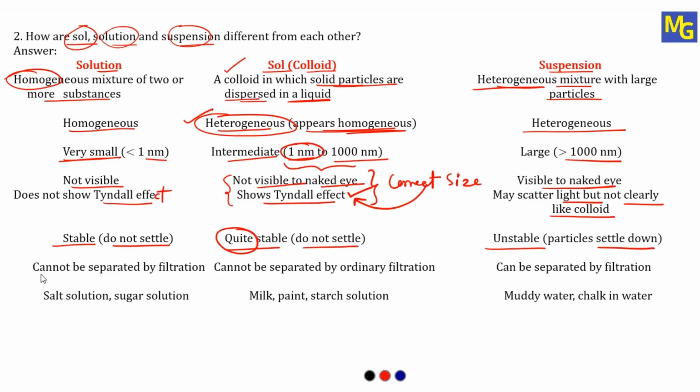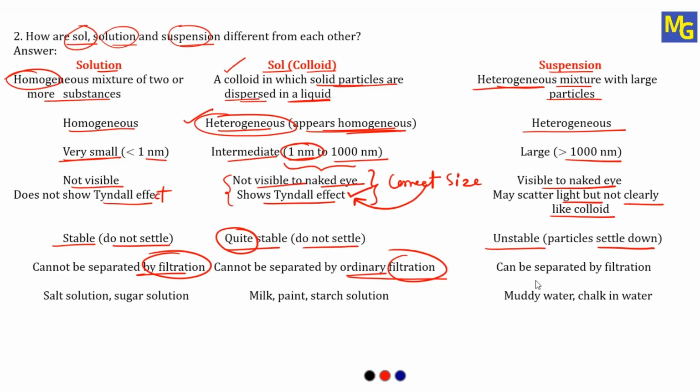The next property, cannot be separated by filtration. We cannot filter a solution using a funnel and filter paper, because the particles are so small they easily pass through the holes of the filter paper. But colloid cannot be separated by ordinary filtration. By using a simple filter paper and funnel we cannot separate it, but by using some advanced filtration technique we can. Ordinary means we are not using any advanced technique.